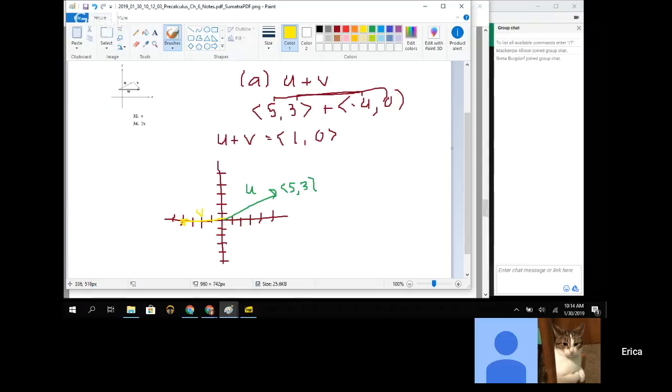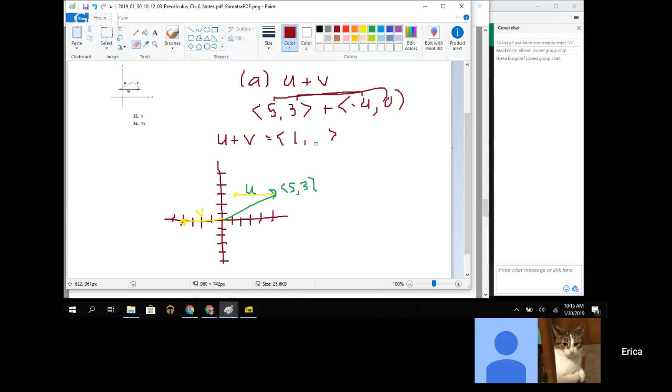If I add them together graphically, you go along vector u, 5, 3, and then you go along vector v, which is this way. And I did something wrong. Oh, wait, I apologize. I added wrong up here.